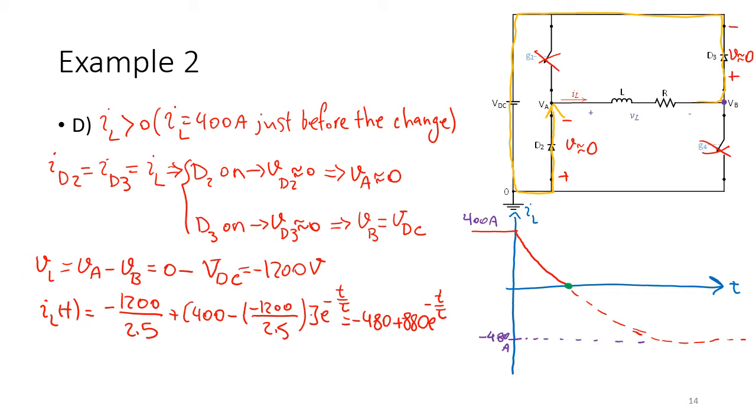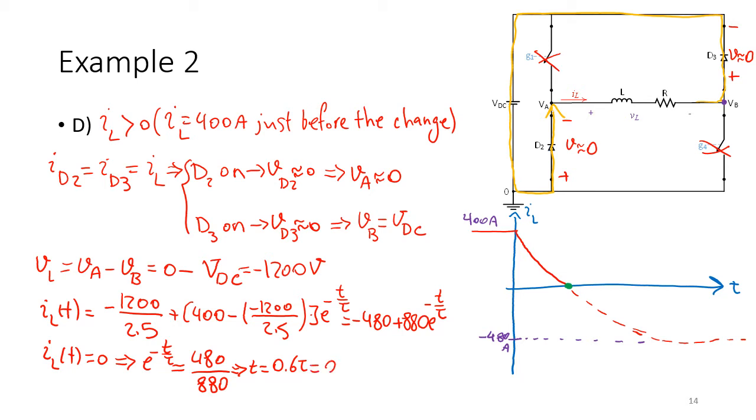So IL(T) equal to 0. If you solve this, you need to find, in fact, this value, 480 over 880. So T will be equal to 0.6 tau.